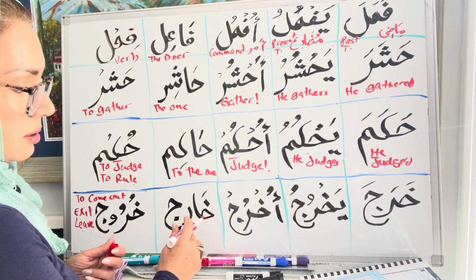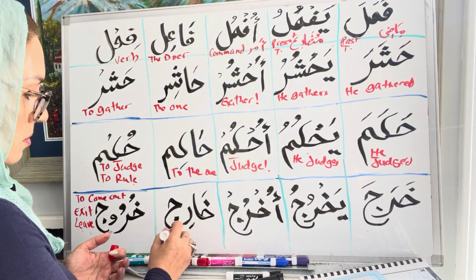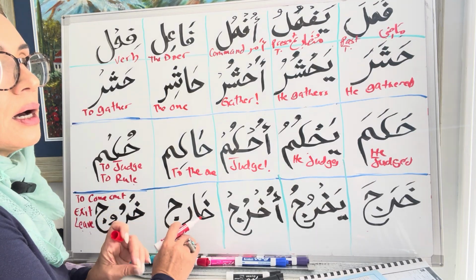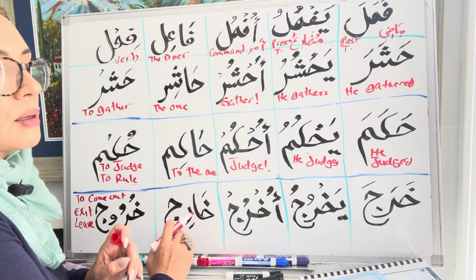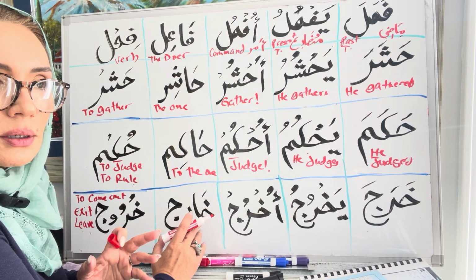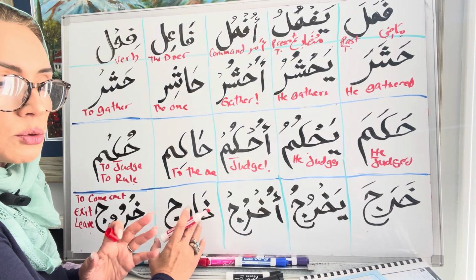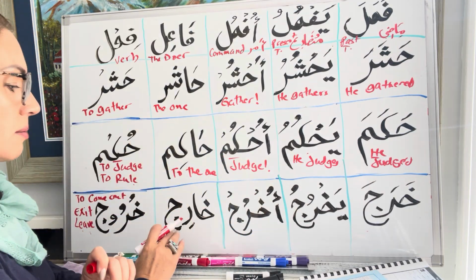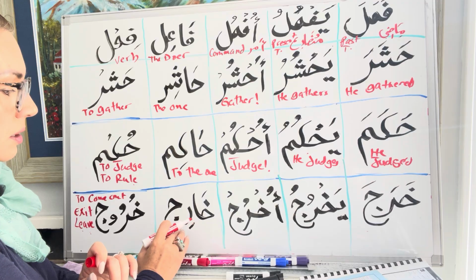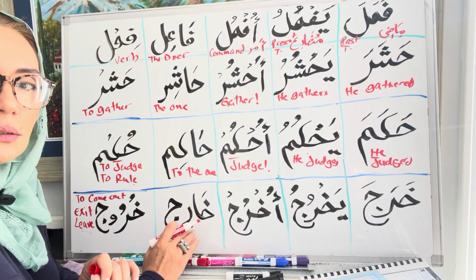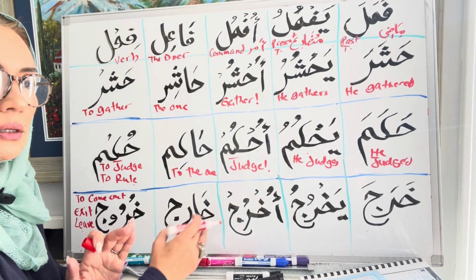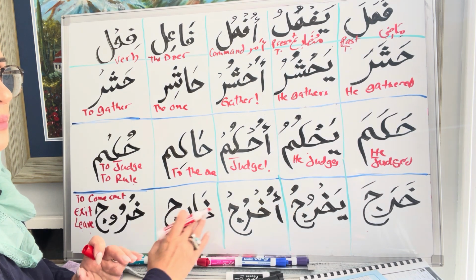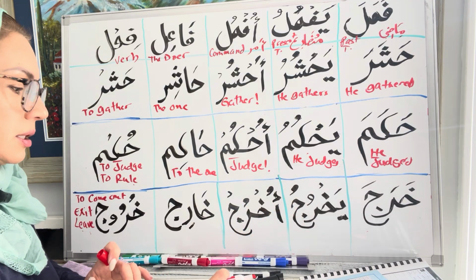خارج is the fa'il. It means the one who is doing, is the actual person who is doing the act of whatever the verb is. And then sometimes the word also means another thing, like kharij means something that is like an outside thing, right?